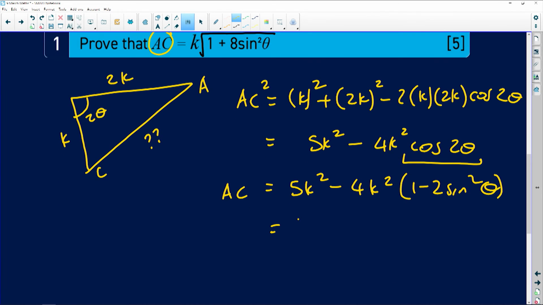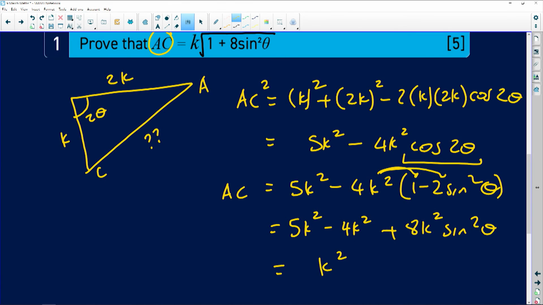And then you'll have 5K squared minus 4K squared, and plus 8K squared sine squared theta. This is simply K squared plus 8K squared sine squared theta. K squared is a common factor.